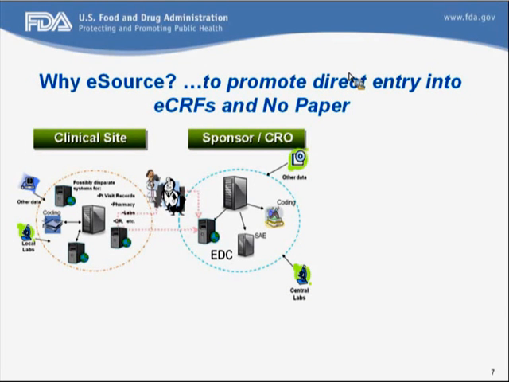So what you see there is a direct entry by investigators into perhaps an EHR, and then a transmission electronically, automatically into an eCRF, or in fact the authorized site personnel entering directly into the eCRF.